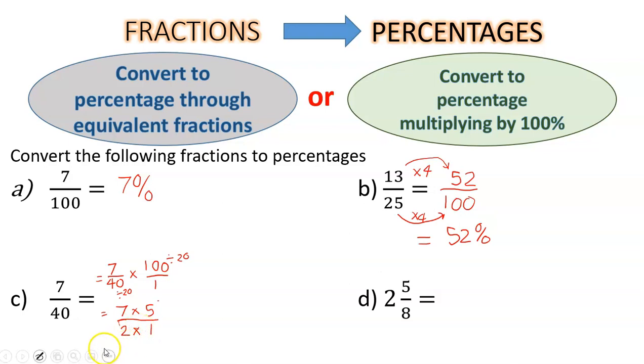This is the same as what we were just doing in our previous topic. And our final answer, I'm going to run out of space down there, so I'm just going to do it here. 7 5s are 35 over 2.